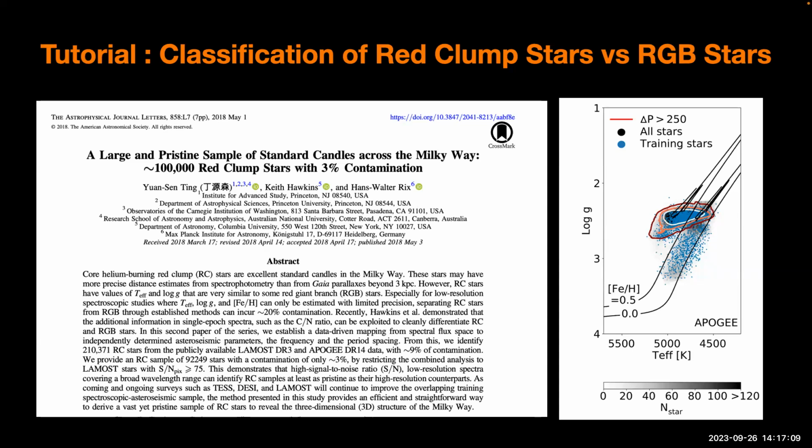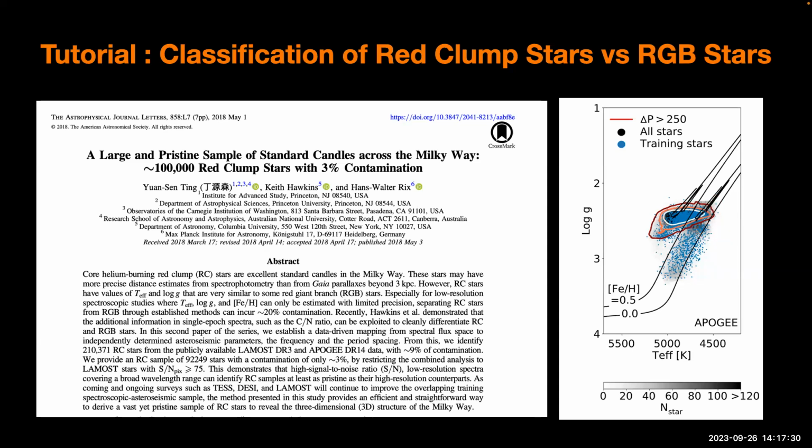So there has been a need to really use some feature, either the temperature or the gravity or the photometry, to find out where the red clump stars are versus the RGB stars. And before our work, classically, people just drew a box, right? Just draw a box and then say red clump star.